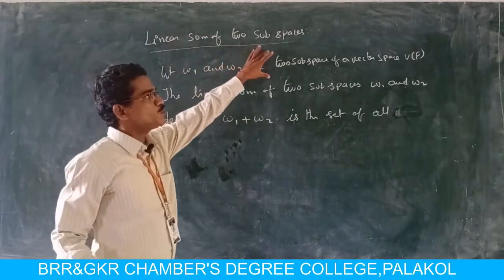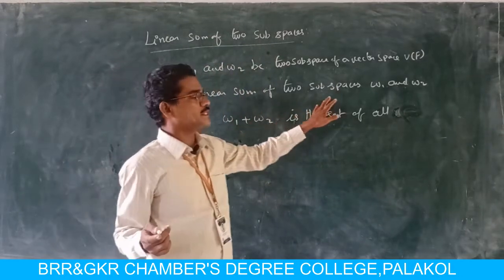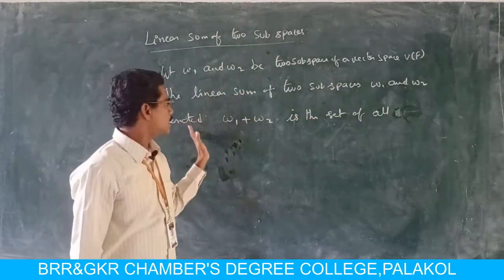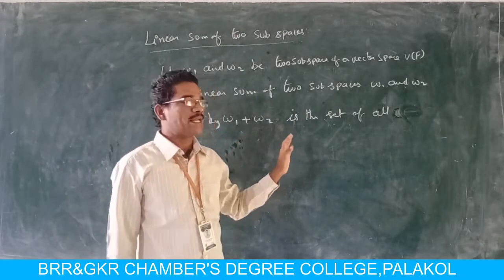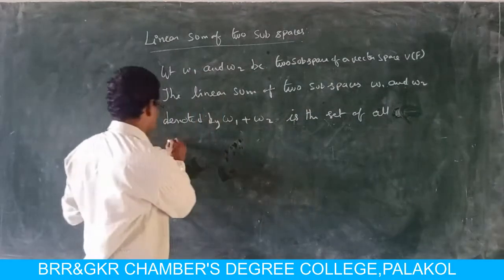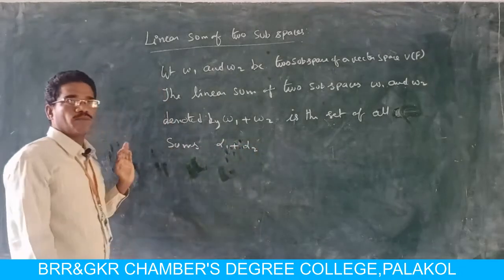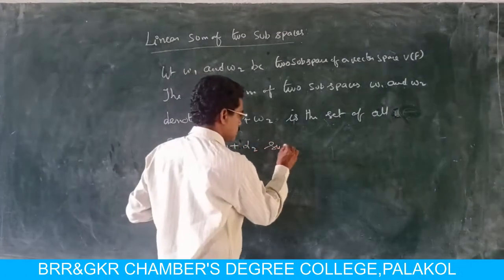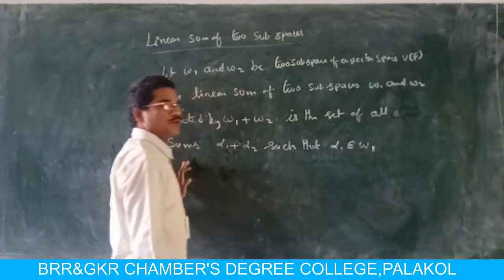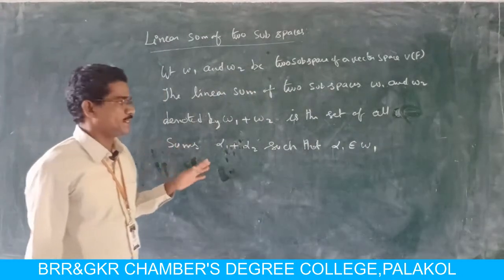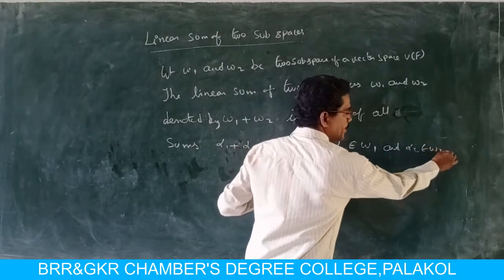Let W1 and W2 be two subspaces of V of F. The linear sum of the two subspaces, denoted by W1 plus W2, is the set of all sums alpha 1 plus alpha 2 such that alpha 1 belongs to W1 and alpha 2 belongs to W2.